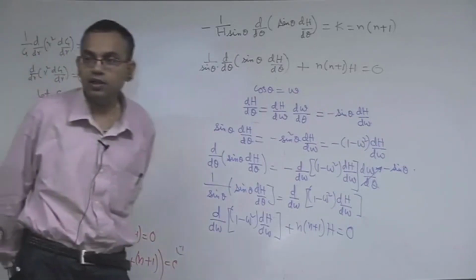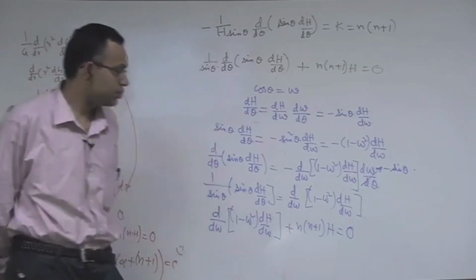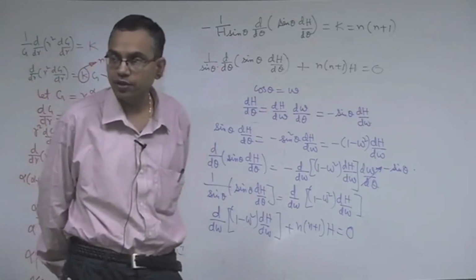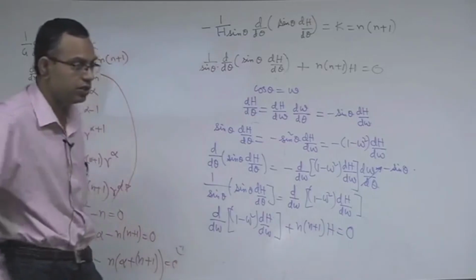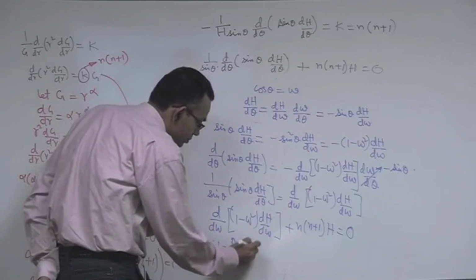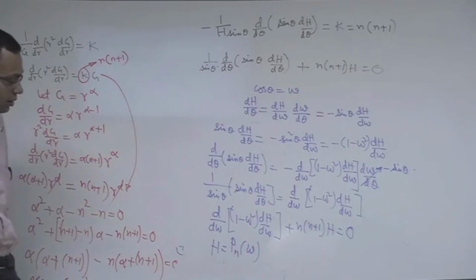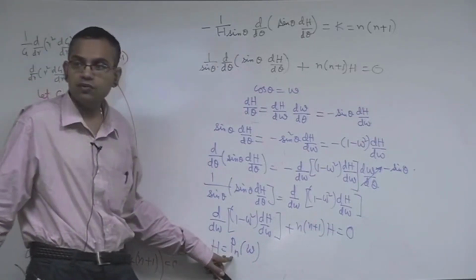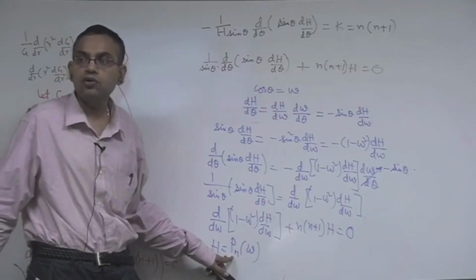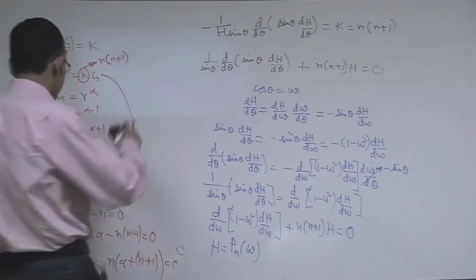This is nothing but the Legendre's differential equation, that is the solution of this equation can be expressed in terms of the Legendre polynomial. So, Legendre polynomial we commonly write as Pn, where different values of n will give different Legendre polynomials, like P0(x) equal to 1, P1(x) equal to x, and in this way you have the Legendre polynomials.